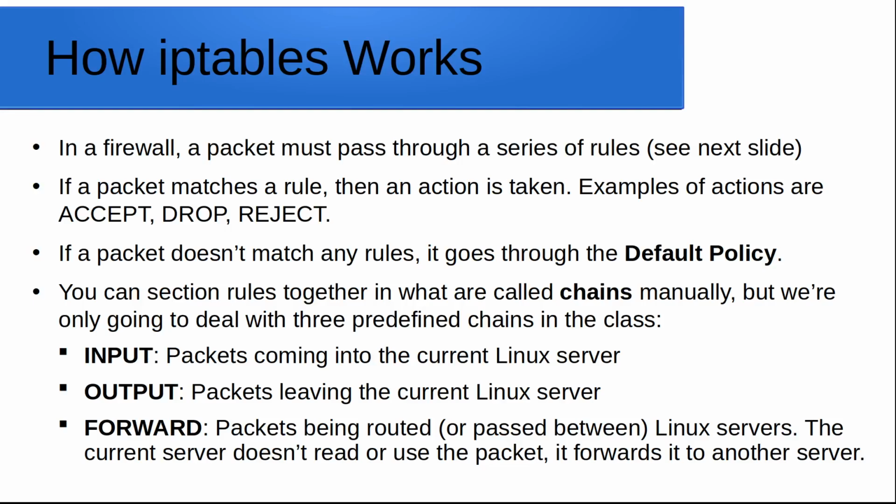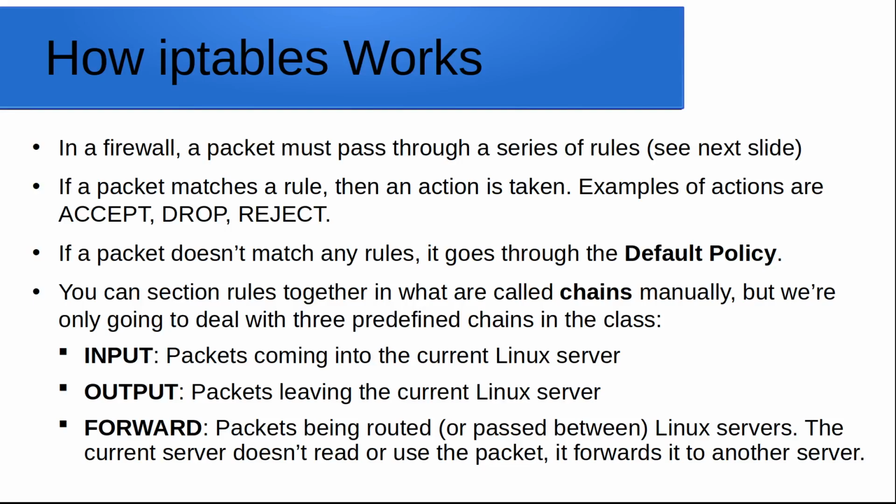Now you can use chains that are built in by default with iptables. There's several different chains, but we're going to deal with 3, to group rules together to apply to specific packets. The 3 chains we're going to be using are input, which applies to packets that are coming into the server.